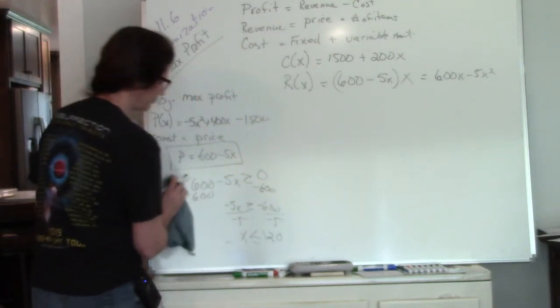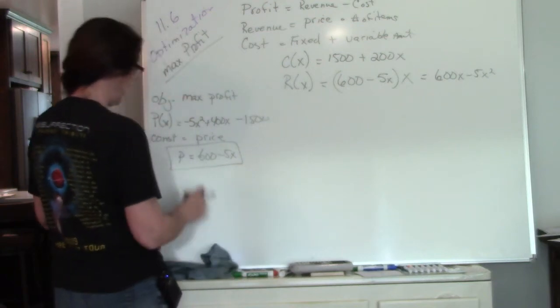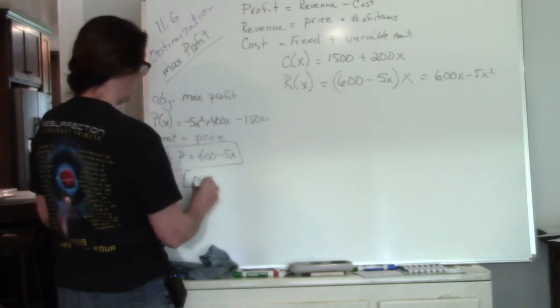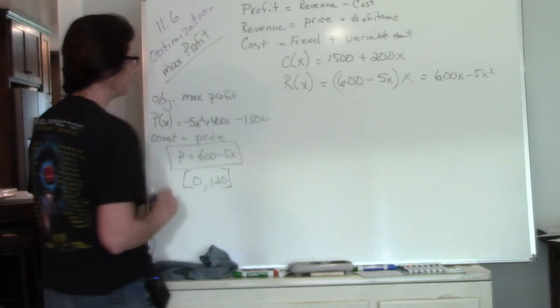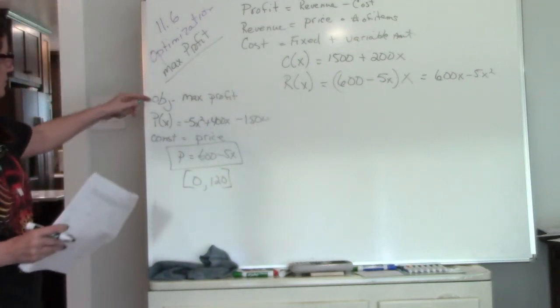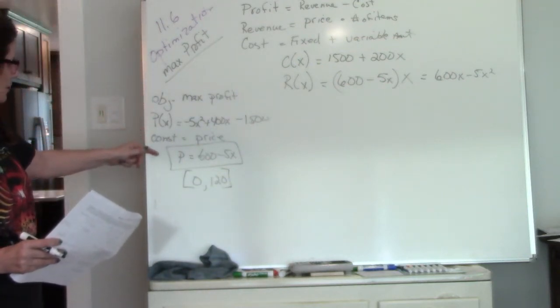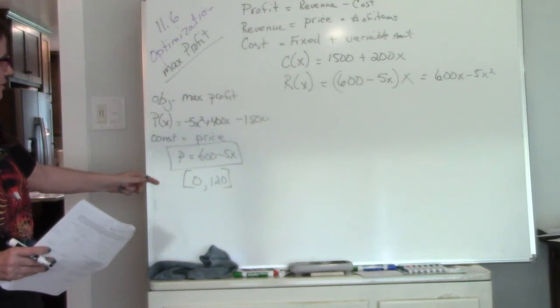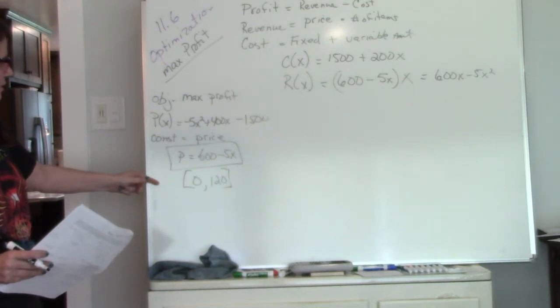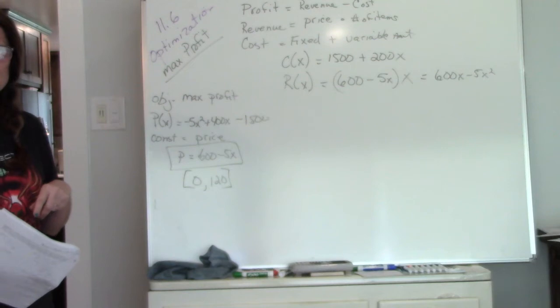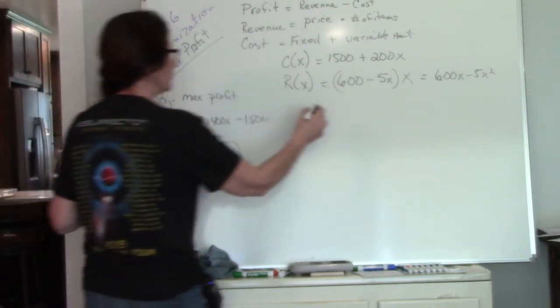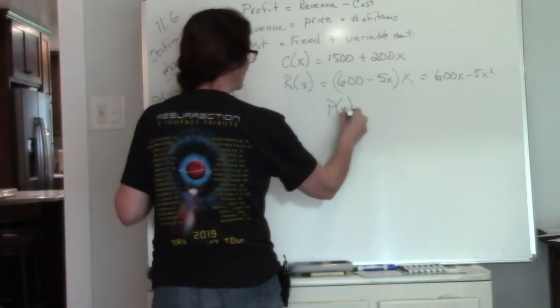So we have our endpoints between 0 and 120. We have our objective, our constraint, and our endpoints, and now we're good to go. Now we can use our profit function.